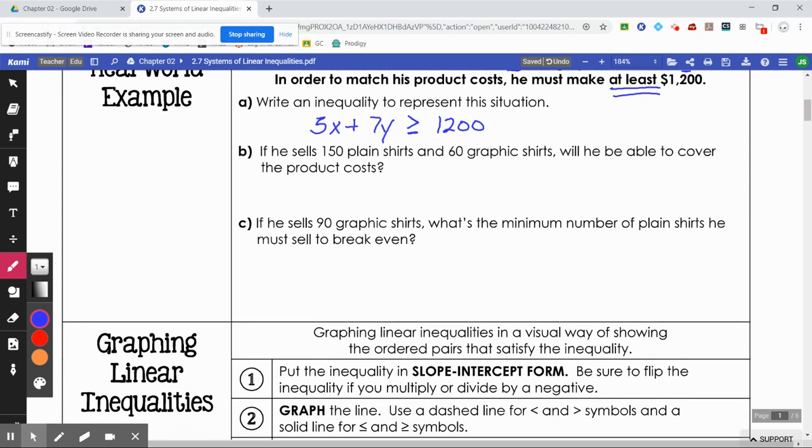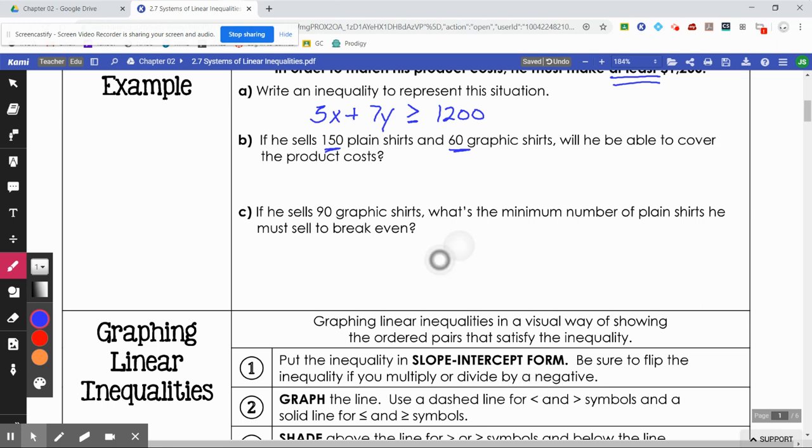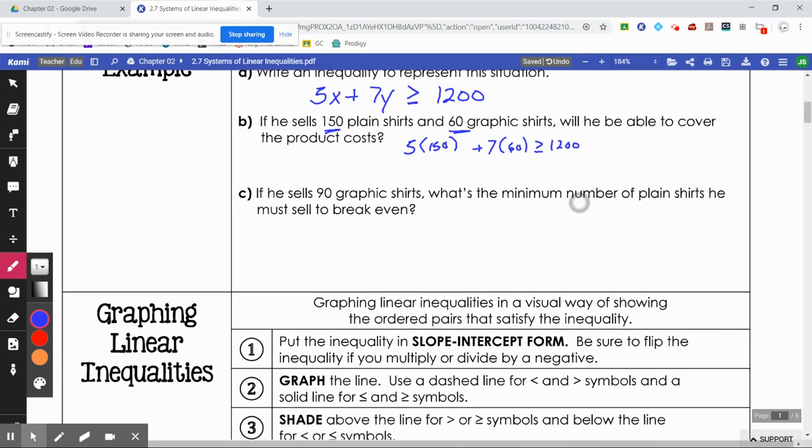If he sells 150 plain t-shirts, so what they're going to do now is, okay, what about 150 plains and 60 graphics? Will that be able to cover cost? So what we're going to do is take our inequality. In the place of our x, which was the plain ones, we're plugging in 150. In the place of our y, which was graphic, we're going to plug in 60. And we're going to see, does that give me a value of at least 1,200?